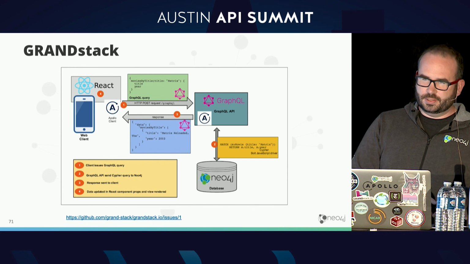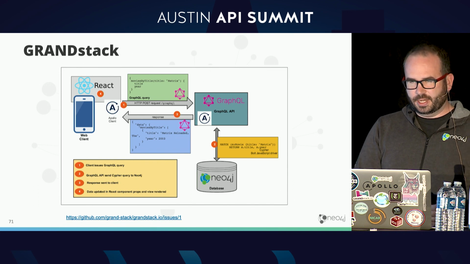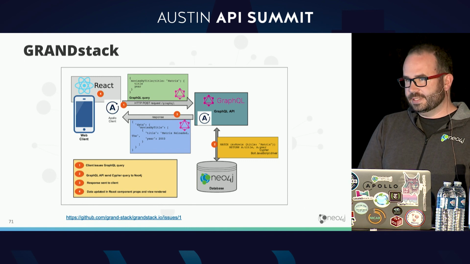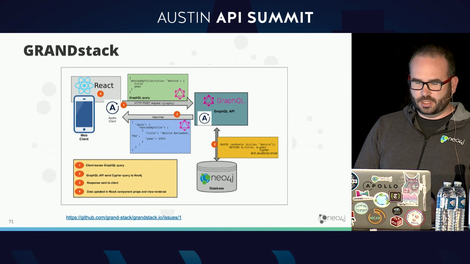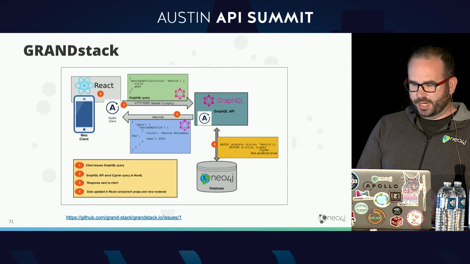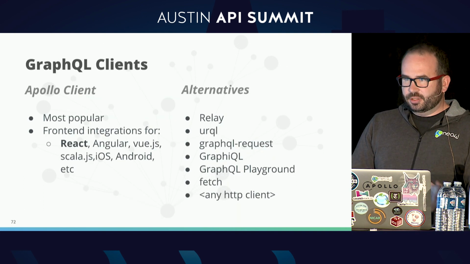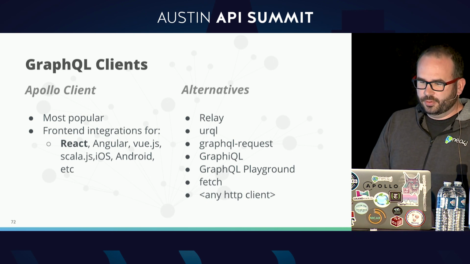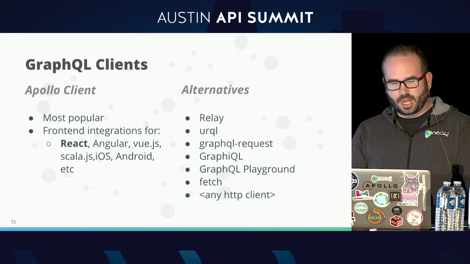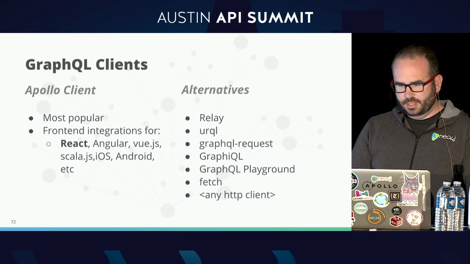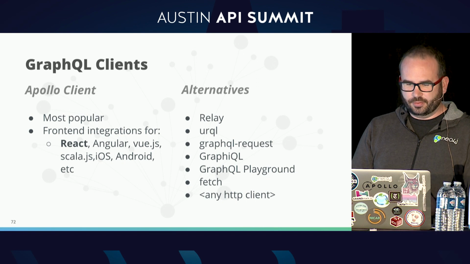Apollo also has tooling on the client side. These are exposed to us as front-end framework integrations, typically. And here we're going to use the React integration for Apollo client. Apollo client's not the only client for GraphQL. There are lots of other options, things like Relay and things like urql, which is a more slimmed down version.